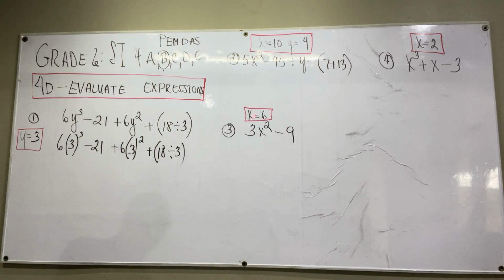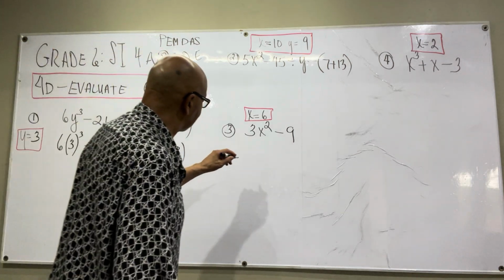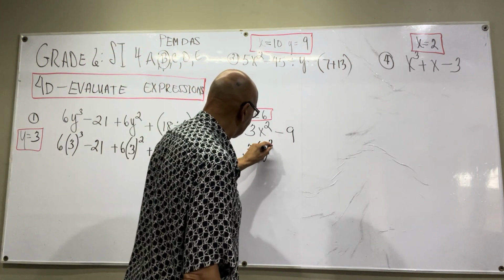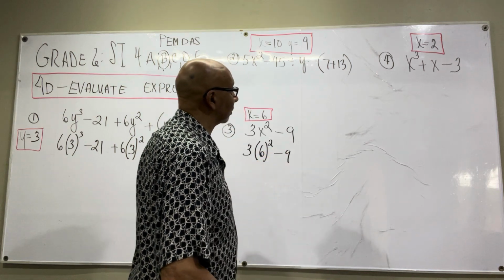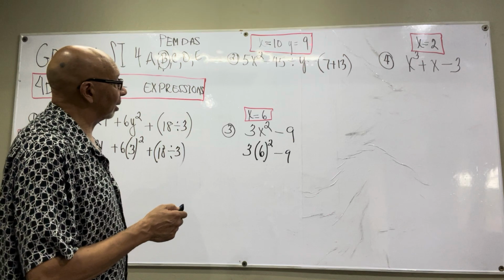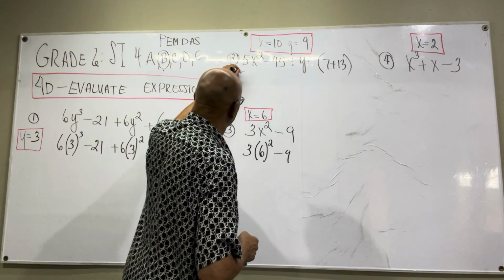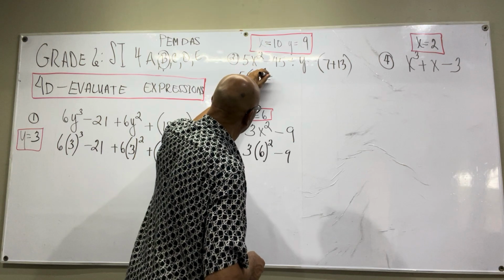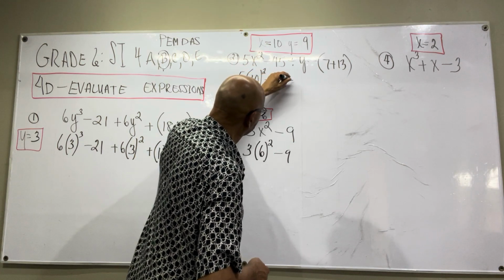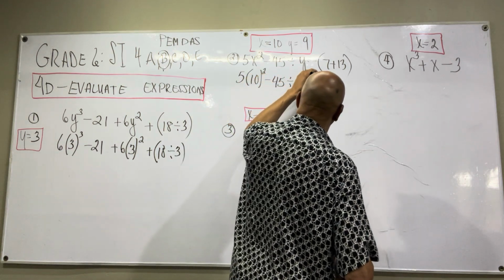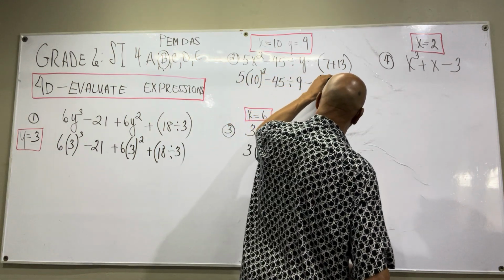This is closest to me, so instead of x, I put 6. So that'll be 3 times 6 squared minus 9. Instead of x, I'll put 10. Instead of y, I'll put 9. So 5 times 10 squared minus 45 divided by 9, subtract 7 plus 13.